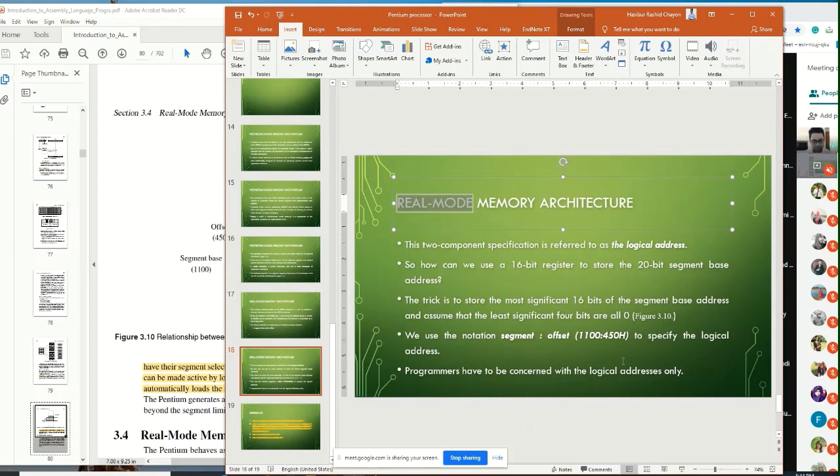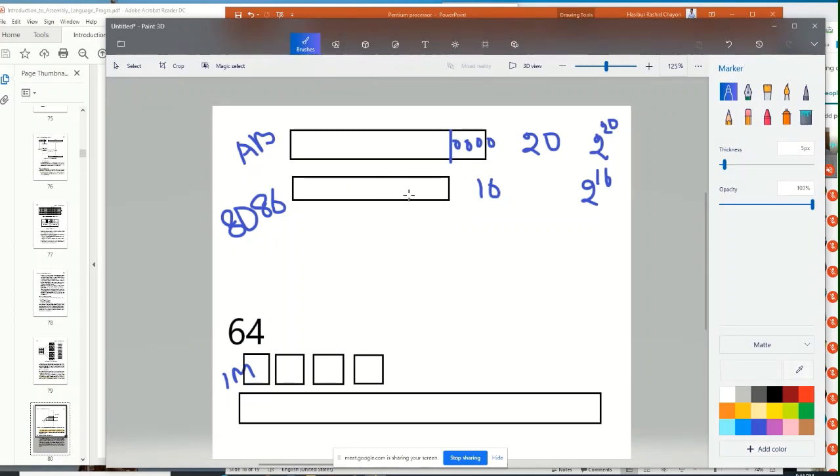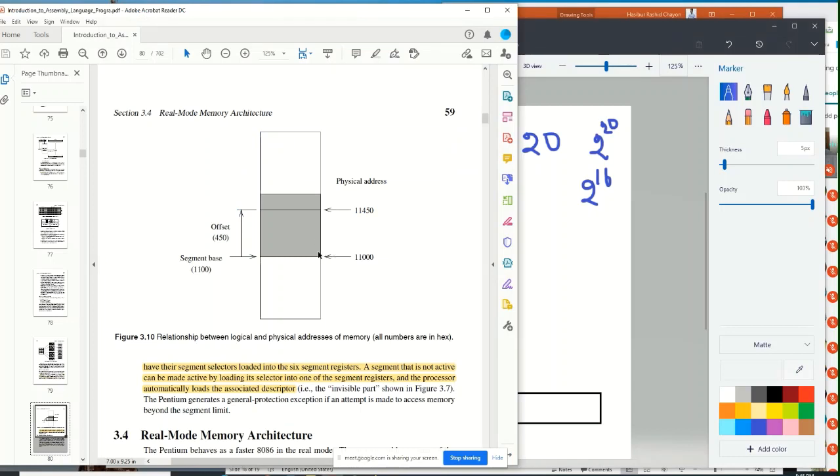Fine. Do you remember that we have a 16-bit memory, but our address bus is 20-bit? So what are you going to do with these extra 4 bits? The answer is here. Look at the segment base. How many digits do we have here? 4, right?